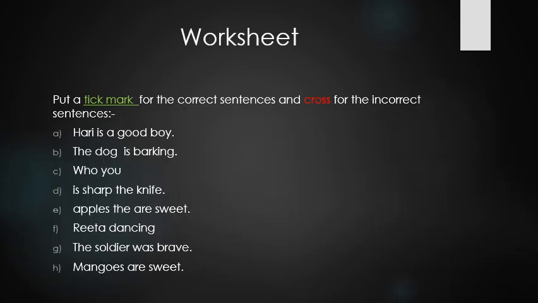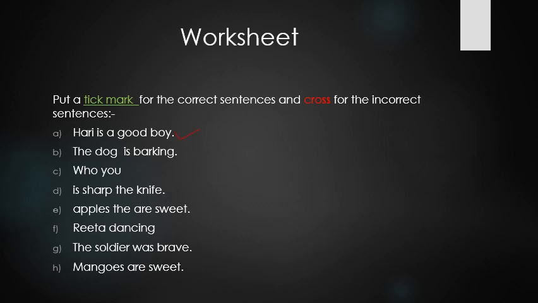I hope, children, you must have understood the concept of sentences, as to which kind of sentences make complete sense. Now, here I have given you some sentences and you have to solve these sentences in your notebook. One or two I'll solve for you. What I have given here is put a tick mark for the correct sentences and a cross for the incorrect sentences. Hari is a good boy.